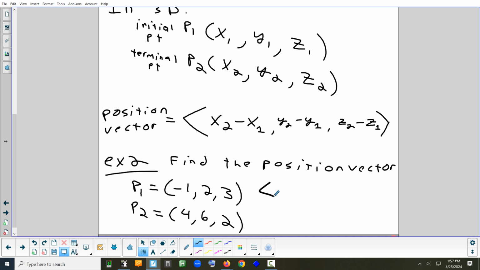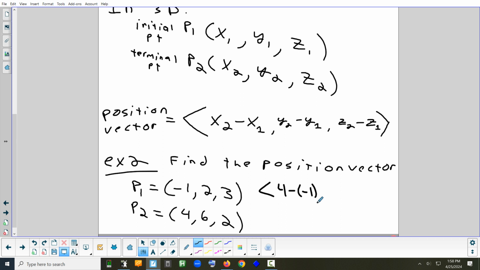So Raina, what's the first thing I'm going to write down right after the angle bracket to find the x component of my vector? 4 minus negative 1. Okay, so I'm going to have 4 minus negative 1.